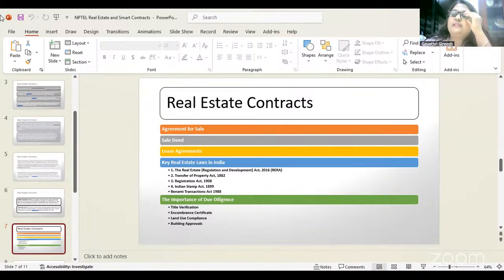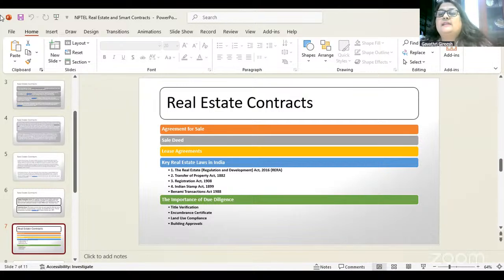Now, when it brought the real estate regulation and development, what does regulation mean? Regulation means you are regulating the real estate players: those who are buyers of the land and those who are purchasers of the land, and the development, those who are developing the basic land into commercial or residential zones.